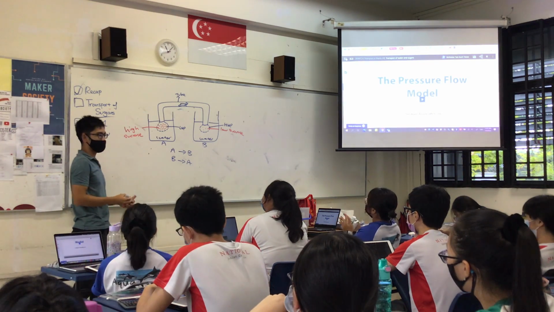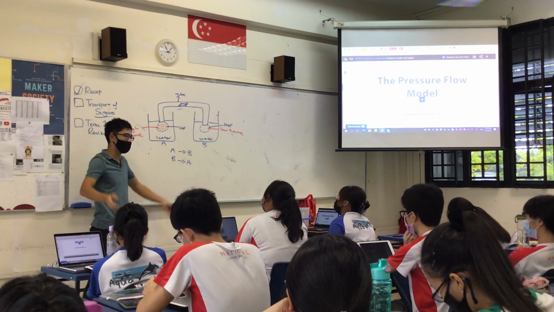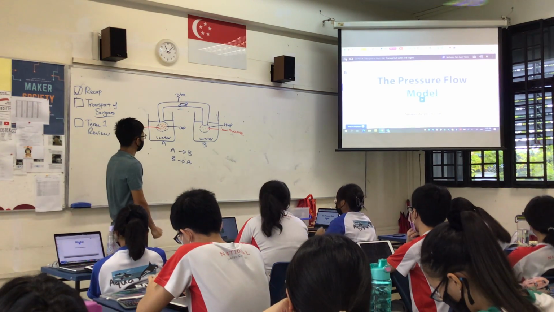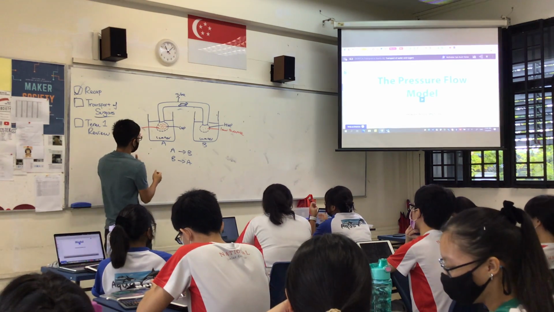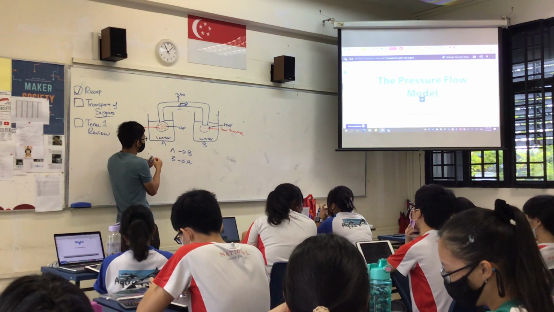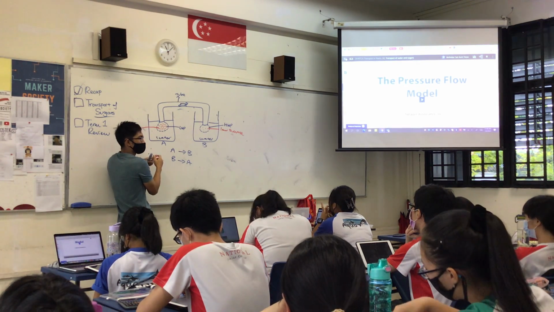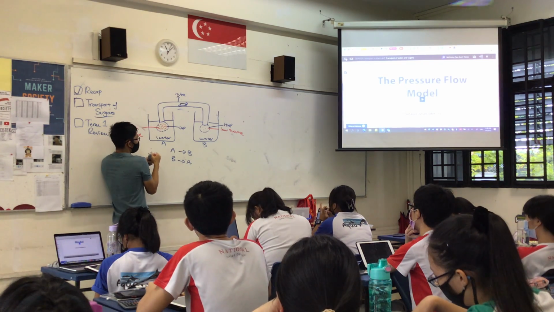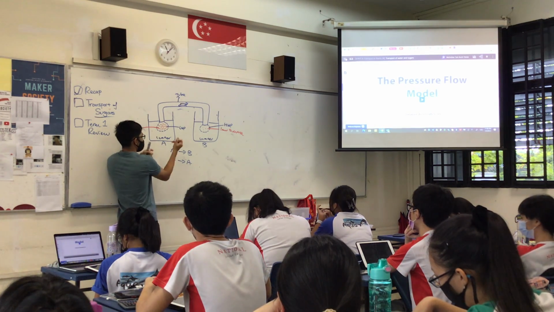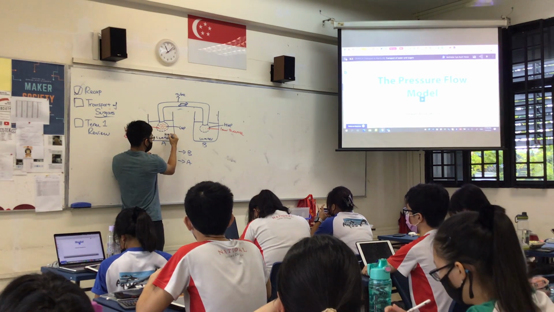Okay. Who says that water will move from A to B? Why do you say so? Okay, so you are saying that if you compare this and this, it's high water potential also.